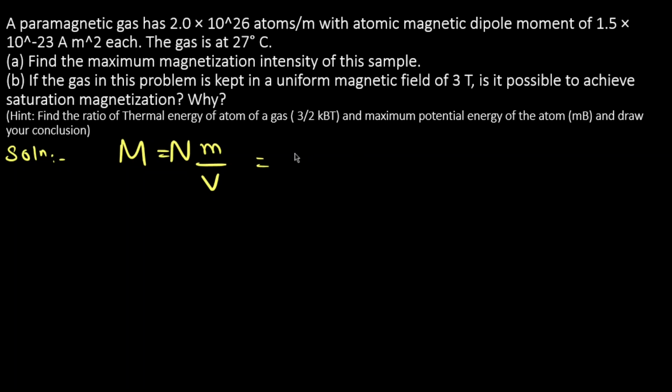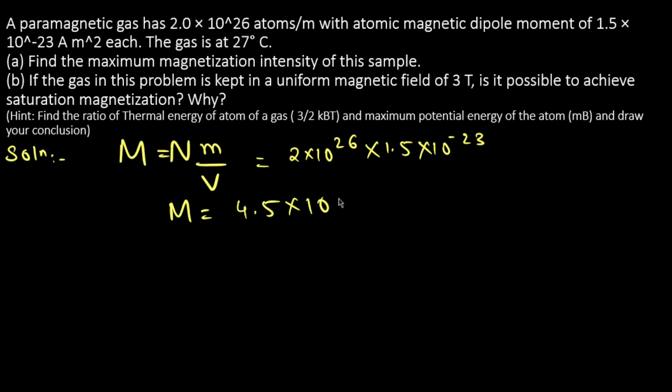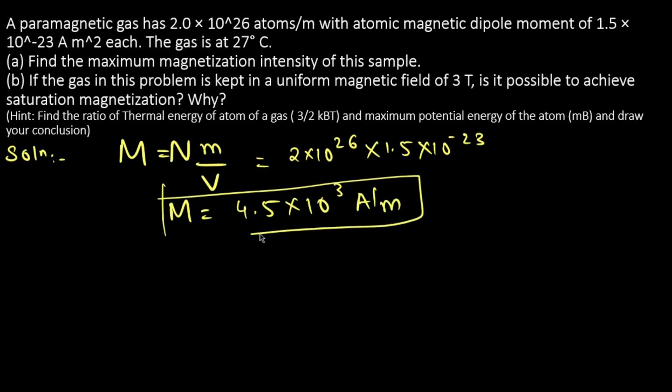So putting in these values, you will have 2 × 10^26 into 1.5 × 10^-23. So the magnetization will be 4.5 × 10^3 ampere per meter. So this is the maximum magnetization for all the molecules.